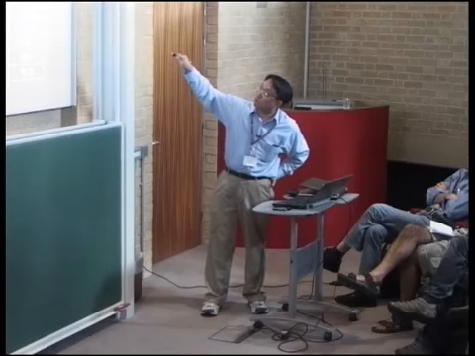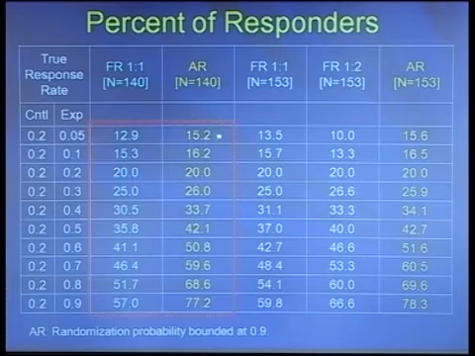As you can see, if you look at the percent of responders, adaptive randomization always wins. And this is true if you expand it to 153 patients. So in other words, it depends on which way you look at it.